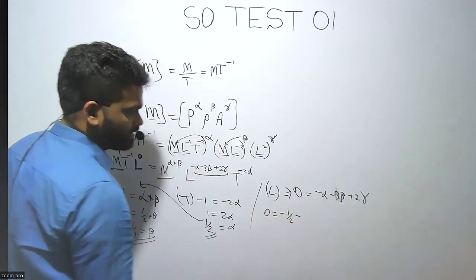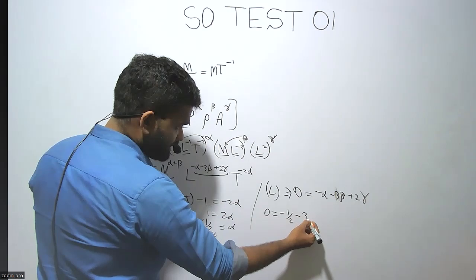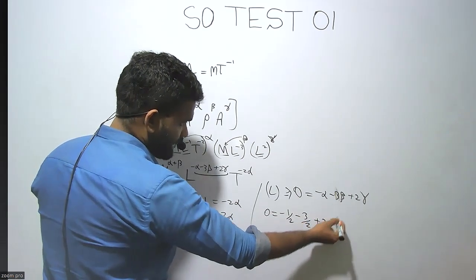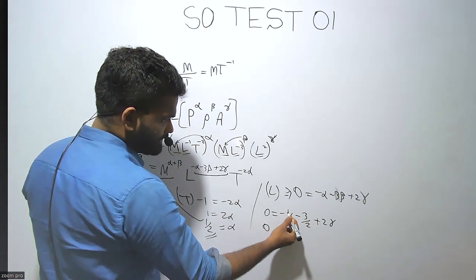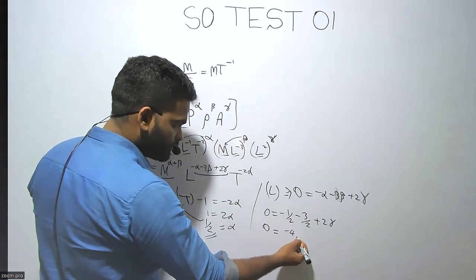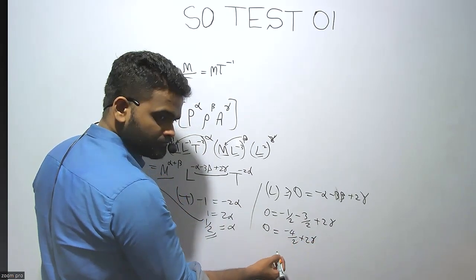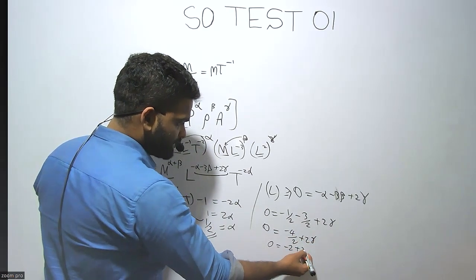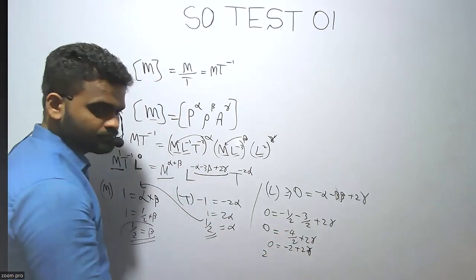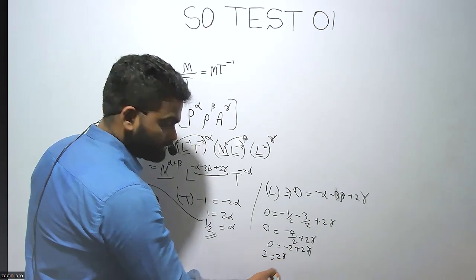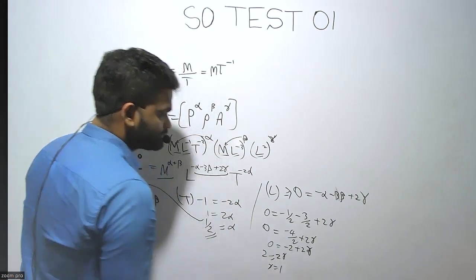Beta is half, so minus 3 beta means minus 3 over 2, plus 2 gamma. 0 equals, with denominator 2, minus 1, minus 3, minus 4 divided by 2, plus 2 gamma. So this is minus 2. So 0 equals minus 2 plus 2 gamma. Minus 2 goes to the other side, becomes 2. So 2 equals 2 gamma. Just divide by 2. So gamma is equal to 1.